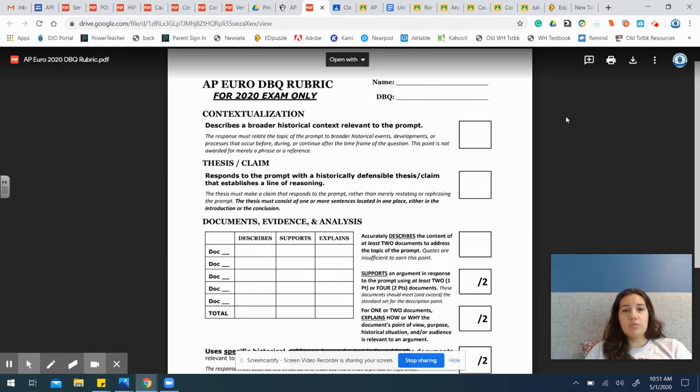When you look at purpose, you want to think about the author of the document and the point of view, who this document was written for. That way, when you go into writing, you have certain things that you need to hit with those documents. If that takes you 2 minutes per document, that's already 10 minutes right there. So that leaves you 35 minutes for writing.